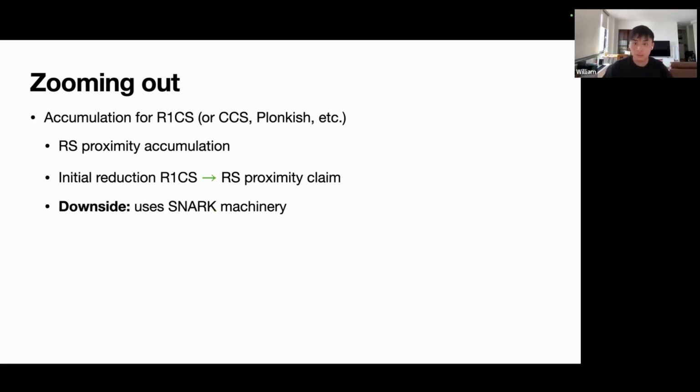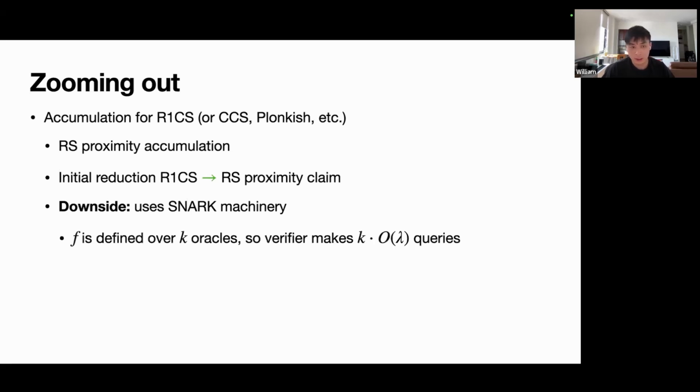Now, the downside of this approach is that this initial reduction still involves quite a bit of snark machinery. Roughly speaking, this initial reduction will usually correspond to some sort of polynomial IOP. I've omitted detail here, but typically this proximity claim, the vector that we want to claim proximity to the code for, is actually virtually defined over k different oracles, where the k oracles are sent in the initial reduction.